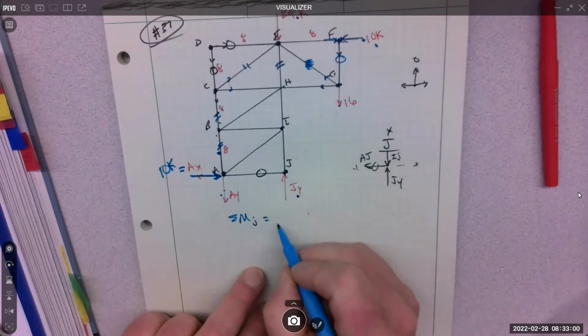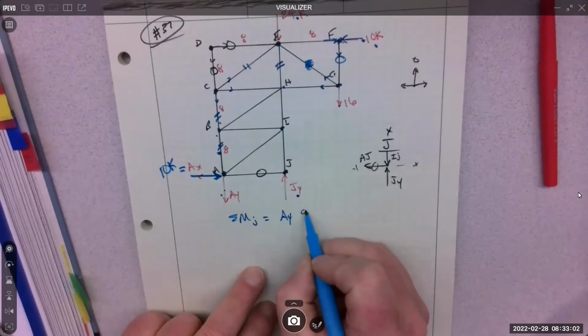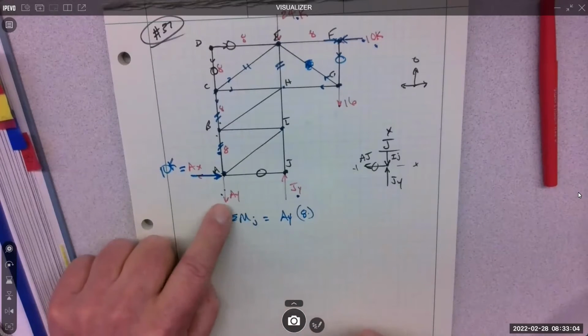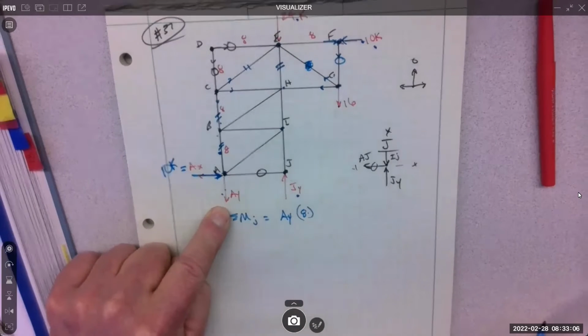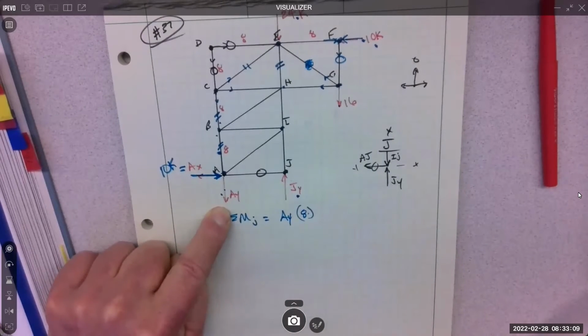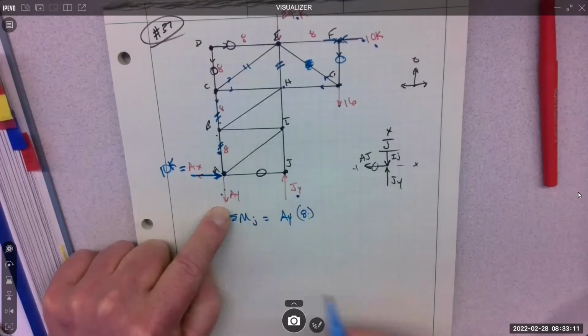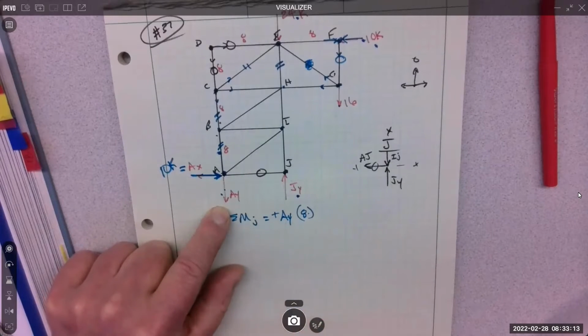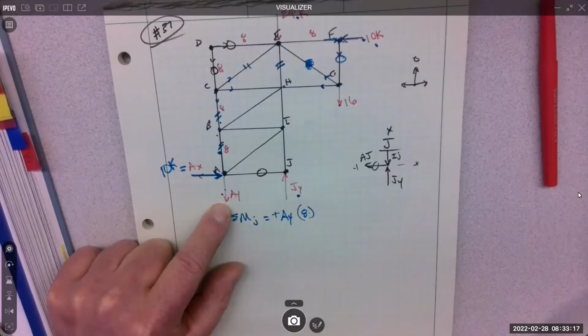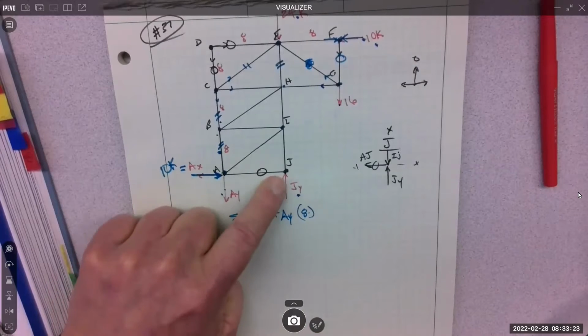So then we have AY times 8. And I drew AY down. That was my guess. So that creates the counterclockwise positive rotation for the moment. And then what else creates moment about J?